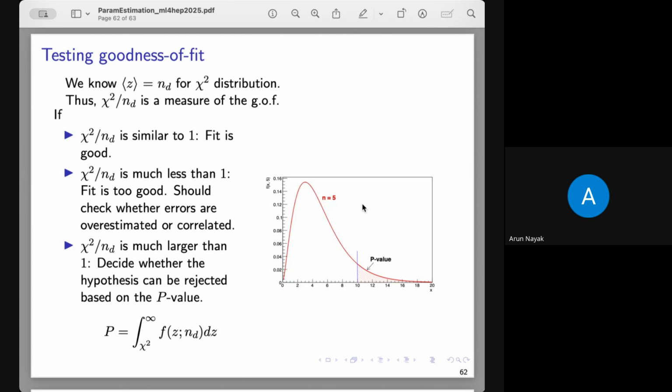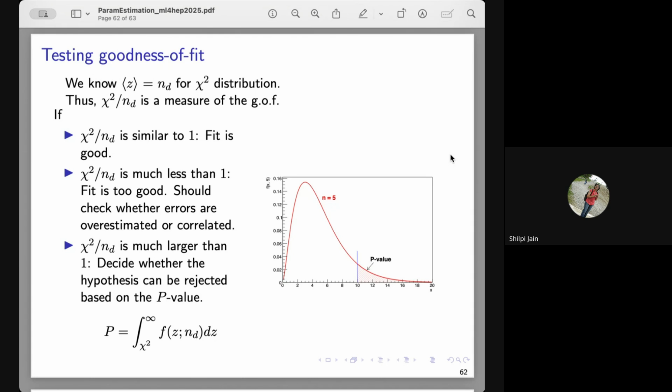Then we can calculate the p-value, which is the probability of having the observed chi-square or above. That means the area under this curve above the observed value. That gives you the p-value, and based on it, you can decide whether you want to reject or accept this fit.